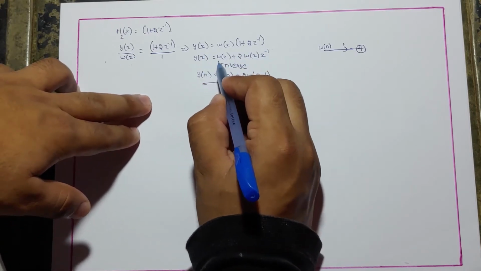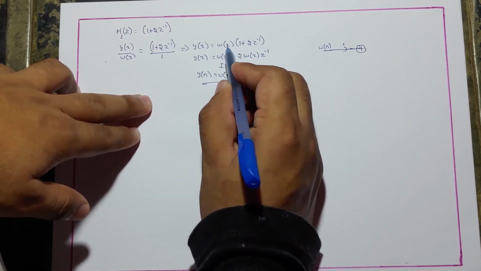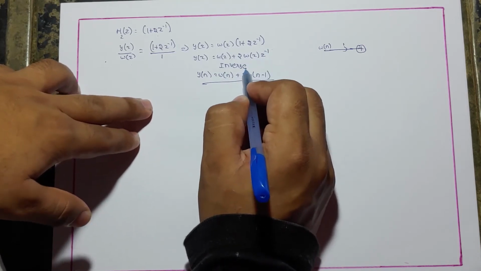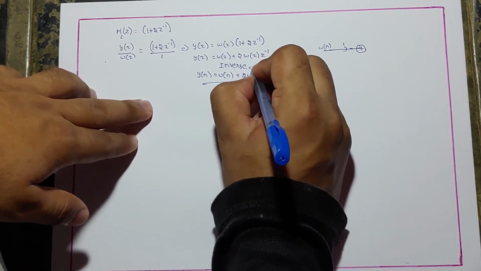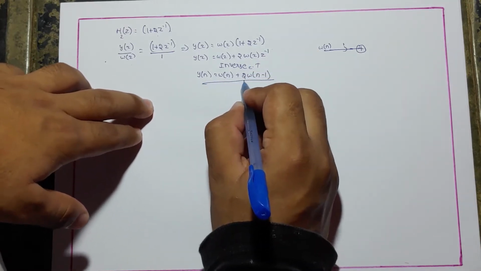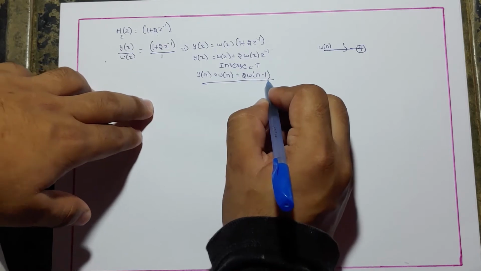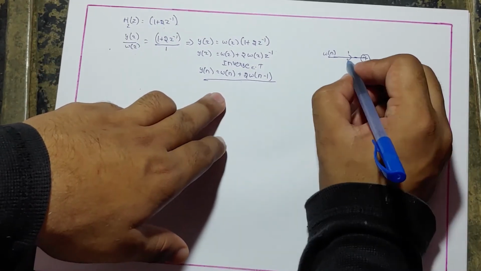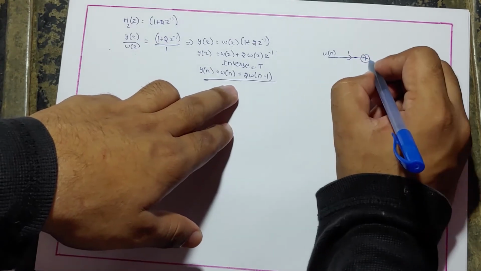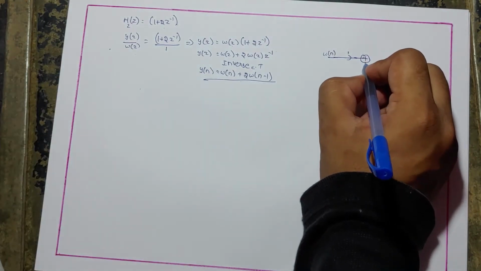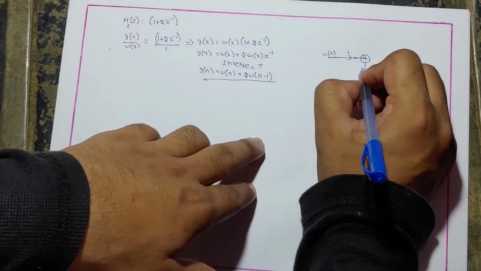Y of z is equal to w of z plus 2 times w of z into z power minus 1. And let us take inverse z transform to get y of n is equal to w of n plus 2 times w of n minus 1. Now let us realize it. W of n would be the input and the output of it is delayed by an element.